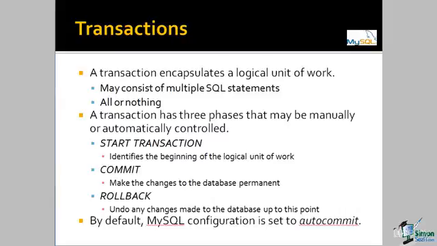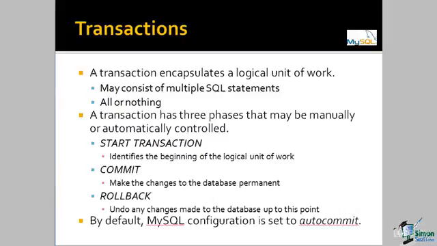If at some point between the start and the commit of the transaction, some error or other condition occurs that prevents the transaction from committing, all of the statements up to that point are rolled back so that the database is returned to the state it was in prior to the start of the transaction.